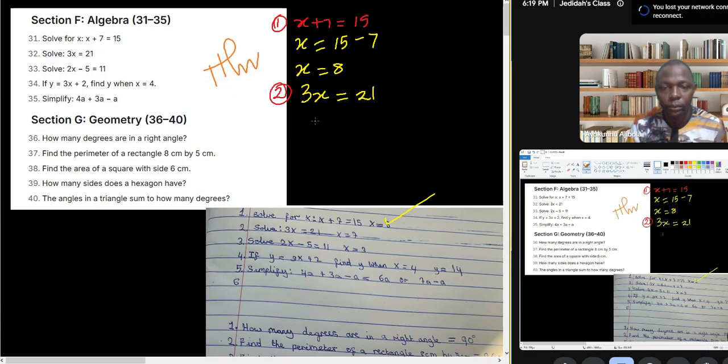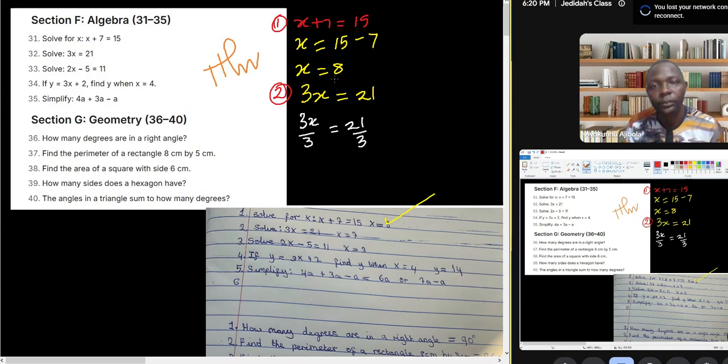So if you were to divide 21 by 3, you would get your answer. Now 3x over 3 equal 21 over 3. Do you think this is correct? Yeah. So what's the next thing? The 3 cancels the 3, then x is 7.